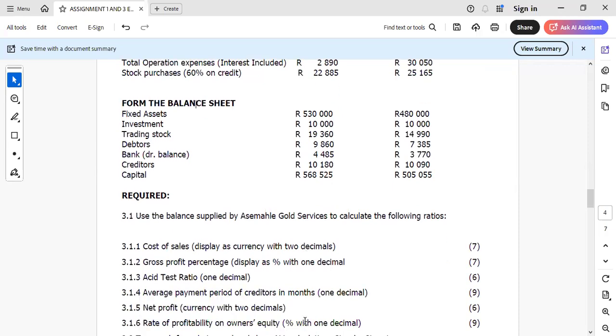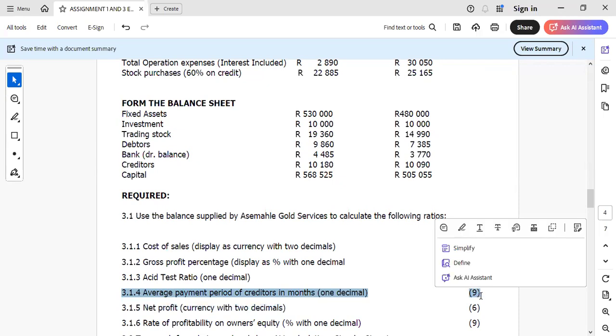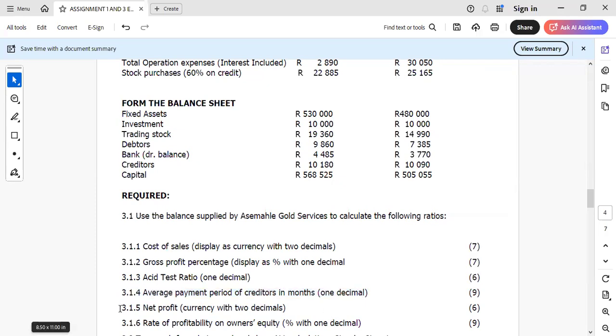Let us go to number 5. I hope you can see how many marks this was. It was 9 marks. So net profit, what are we supposed to do here? We need to calculate the net profit, currency with 2 decimals, for 6 marks.